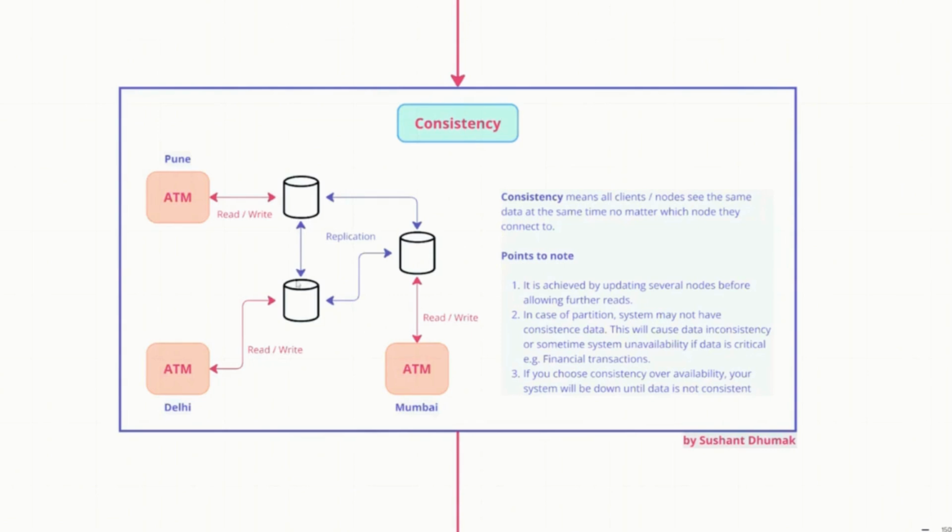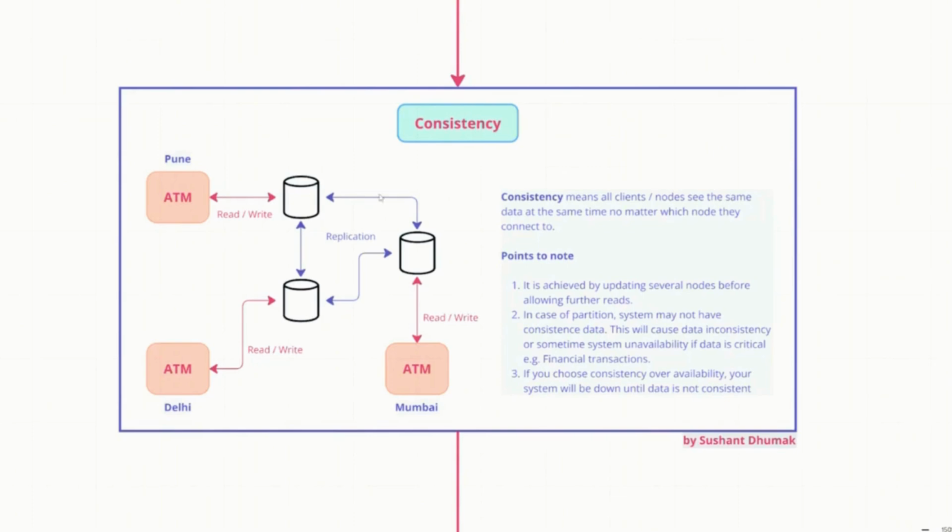This is happening because there is continuous replication between these database nodes. Whenever my transaction is finished, it is immediately replicated to the other nodes. Right now only 3 nodes are shown, but it may be hundreds or thousands of nodes spread across the country.